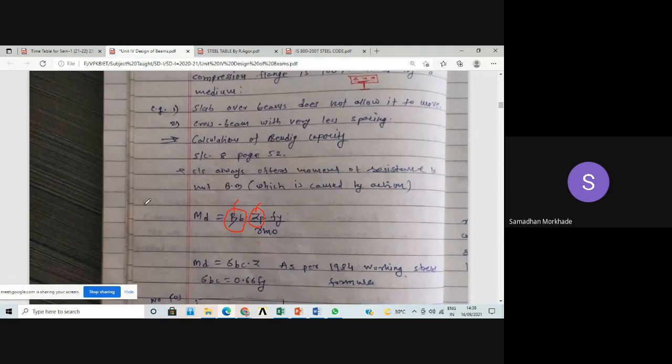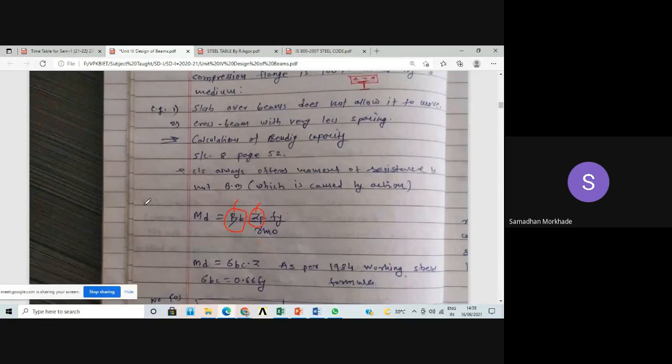Elastic section modulus is ZE, and plastic section modulus is ZP. Whatever values are given in the steel table are the ZE, elastic section modulus. Plastic section modulus we either have to determine, or for the I sections, those values are given on page number 138 of the IS code.